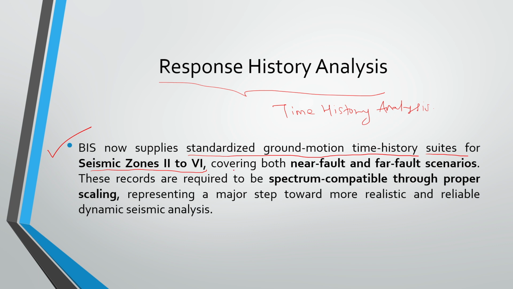Okay, and it covers both near fault and far fault scenarios, and these records are required to be spectrum compatible through proper scaling. So because of this, it is a more realistic and reliable dynamic seismic analysis. So this is how the response history is strengthened.